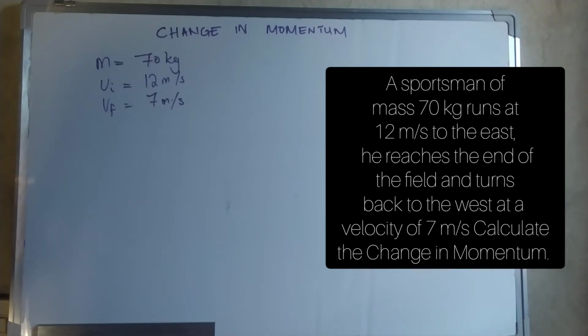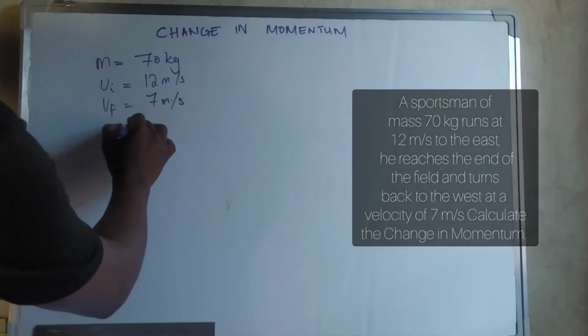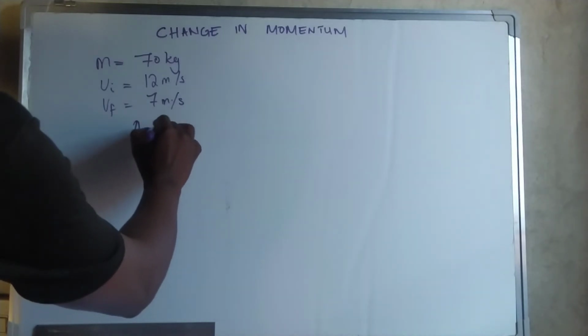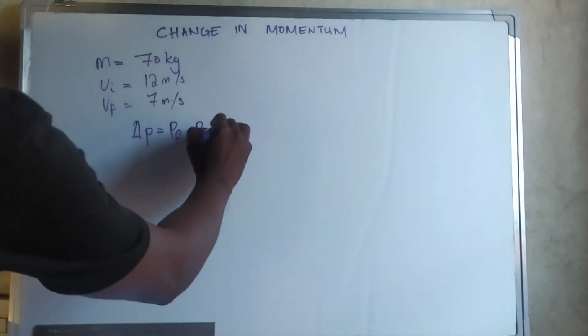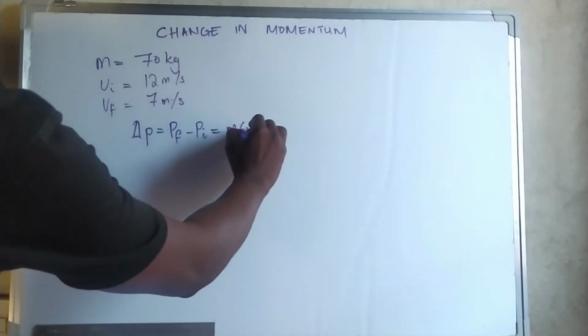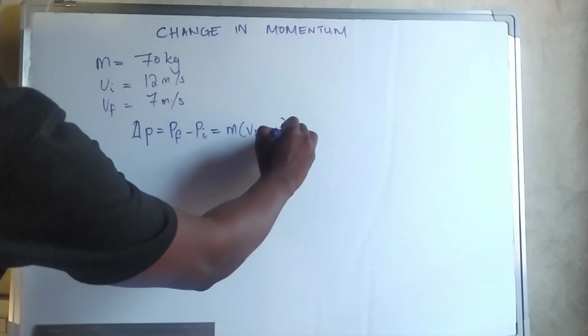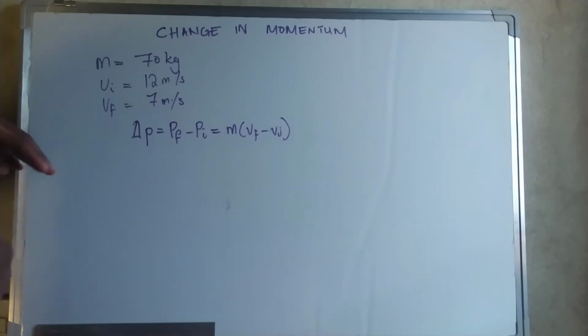Okay, so with this one, you are going straight to calculating change in momentum. You're not calculating the initial one, not calculating the final one. So we know the formula for change in momentum is what? Change in momentum is equal to pf minus pi, which we can express as m(vf minus vi). Before we can get on with our calculation, let's get some other things straight.